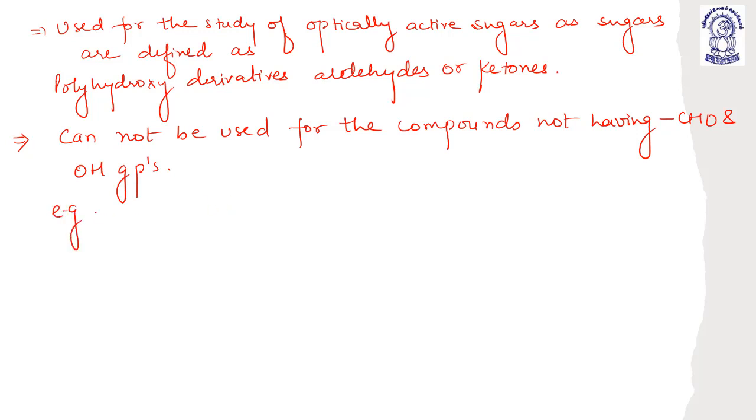For example, CFClBrI. We cannot use the D and L configuration for this compound. Okay.